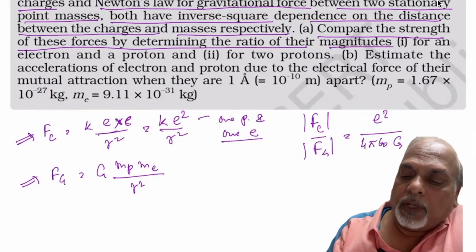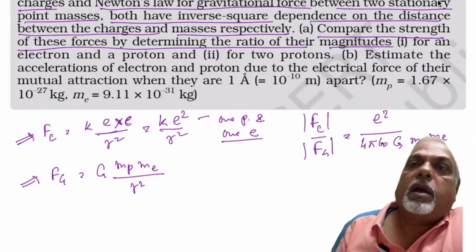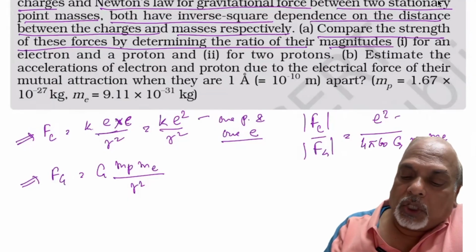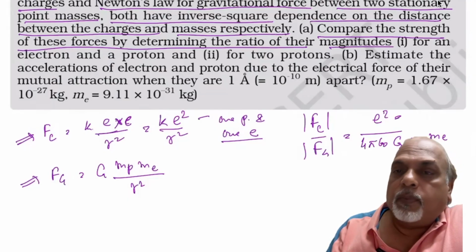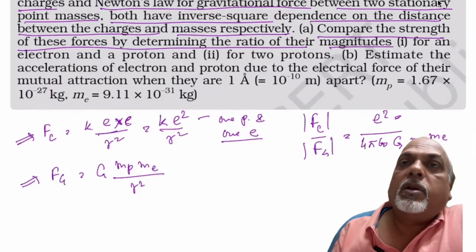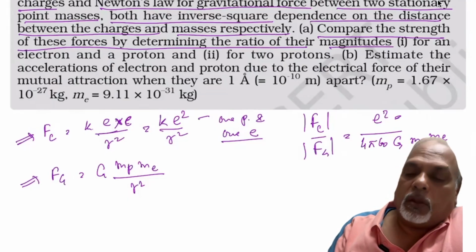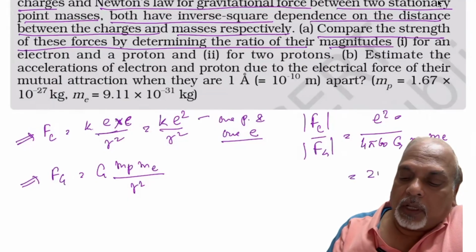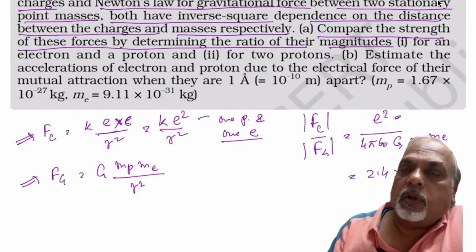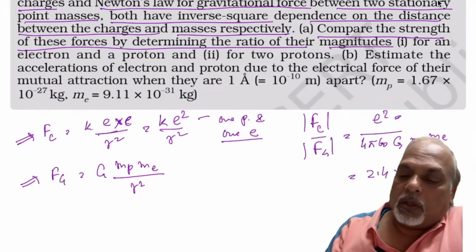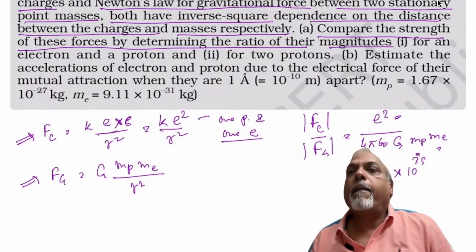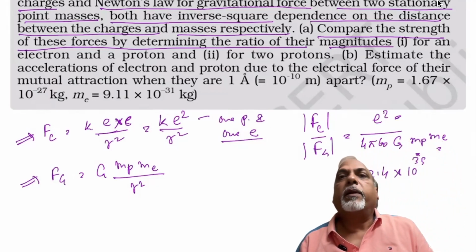Then of course G will be there, then MP into MP. Correct. You know the charge, you know the mass of the proton, or you know the mass of the electron. If you calculate, you will know the value of G also. If you calculate this, it will come as 2.4 into 10 raised to 39. Correct?